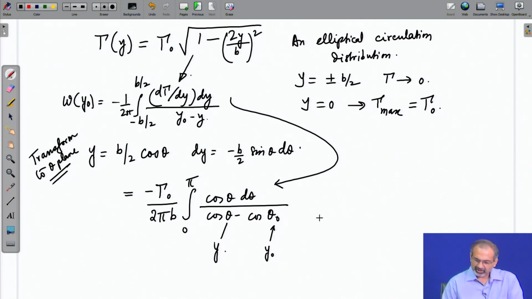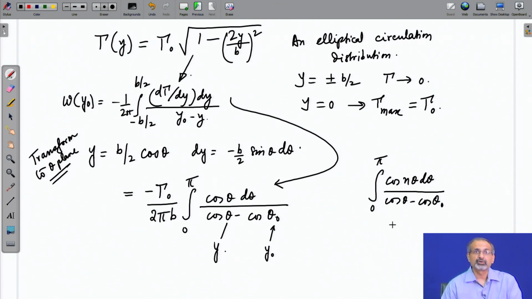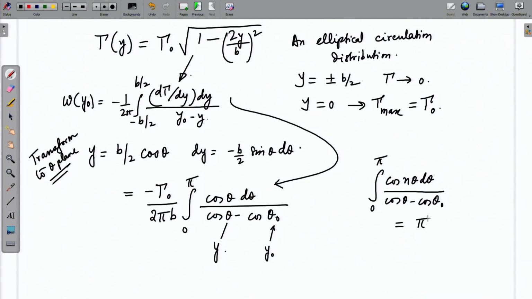So, in order to work this out, we need to use a standard result. Let us write down that result here. So, if you were working out this integral, it will come out to be pi sin n theta naught by sin theta naught.